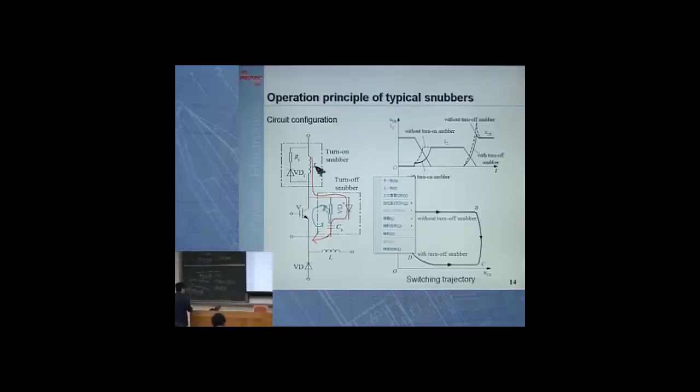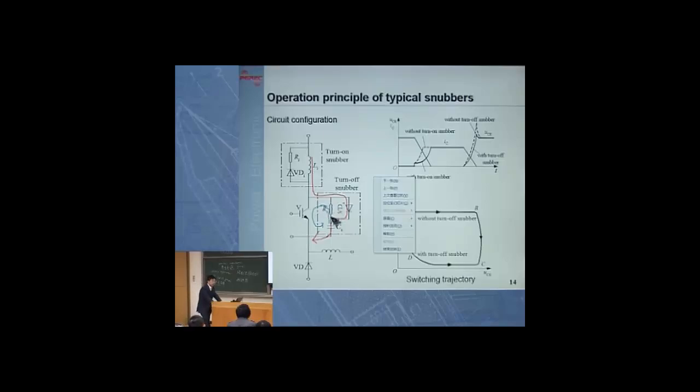Every time you turn on the IGBT, there will be current flowing through the IGBT and also through this parasitic inductance. That means there is always energy stored in that parasitic inductance. So when you turn off this IGBT, the energy stored in this parasitic inductance has to be dealt with. Otherwise, these components cannot operate correctly.